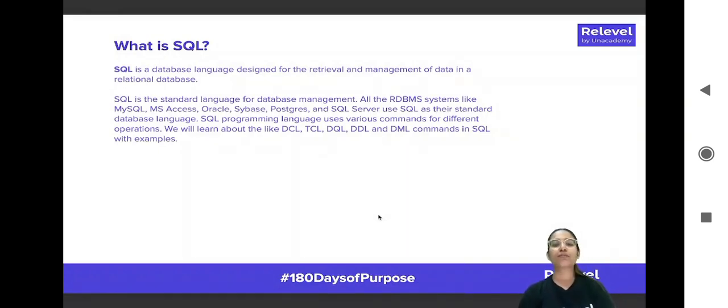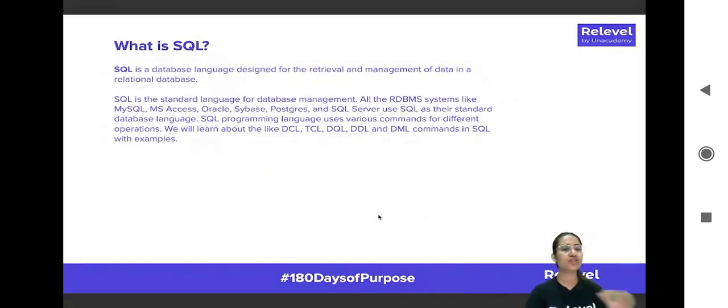So SQL as a programming language basically uses various commands for different operations. SQL as a language, or the commands that you actually use in SQL, can be classified under various operations. So there's a classification. We have DCL, TCL, DQL, DDL, and DML commands which are used in SQL.